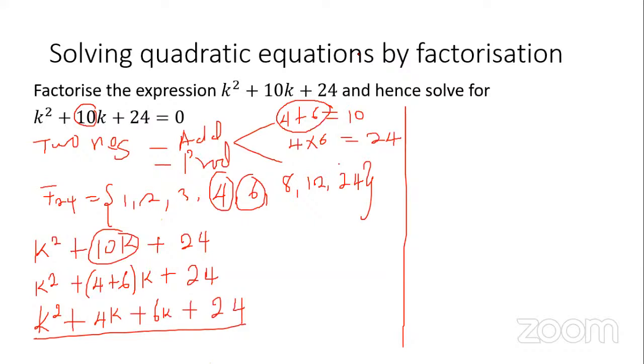Okay, Monique. So we are going to get k into 4 plus 6, then k into 4 plus 6 equals 24. Good try.